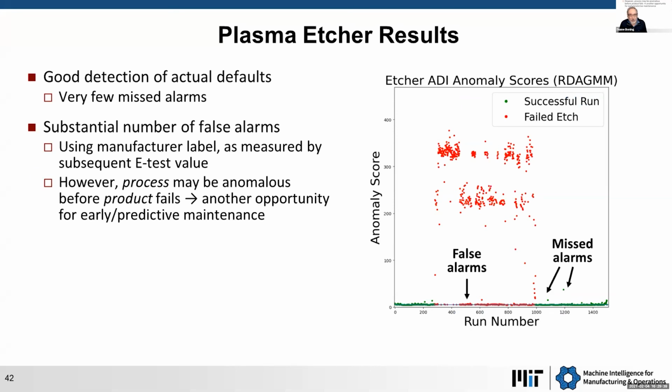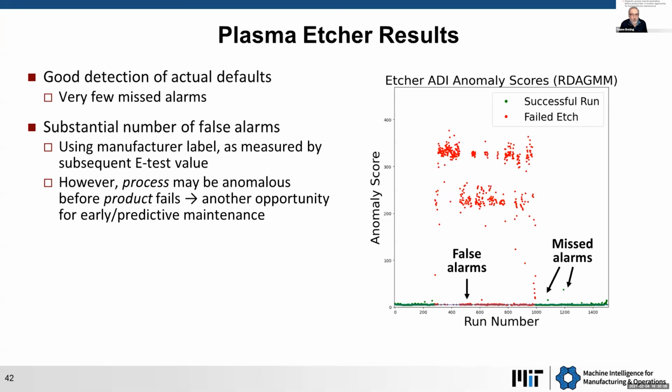The green are successful known runs per the manufacturer label, and that vertical axis is the anomaly score. So we trained on the first, I can't remember if it was first 200 runs or something like that, and then ran it on the rest of the data set. And you can see the bad data sets have big anomaly scores, easily detected in most cases.